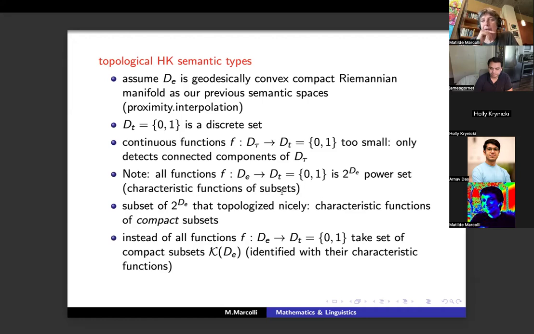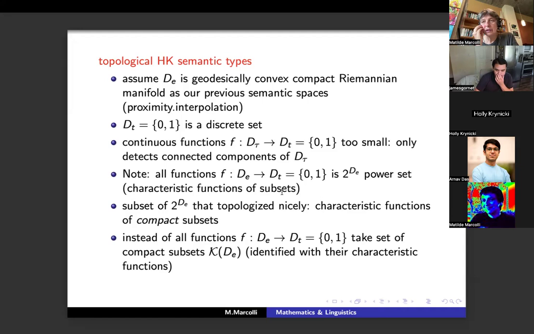But on the other hand, at the opposite extreme, if you don't topologize the space of functions at all, so you take all possible set-theoretic functions, you get the power set of this set, because then you get all characteristic functions of all subsets of this D, and that's an enormous set.